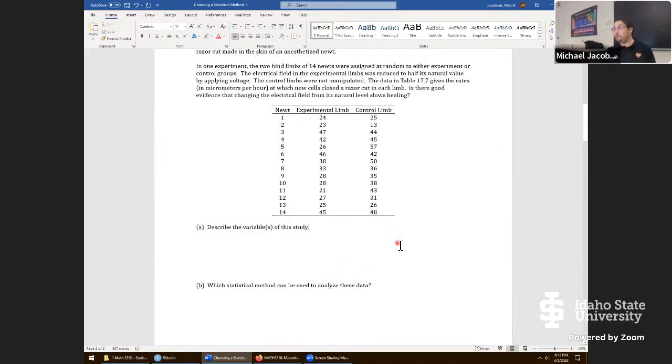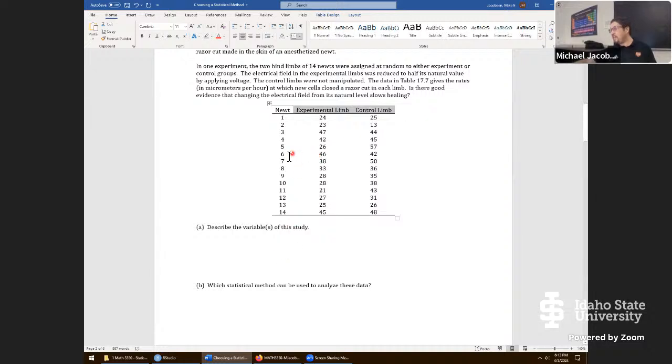First thing we want to do is describe the variables, but this one's tricky. Any volunteers for the explanation of what makes these 2 variables here tricky to analyze? Exactly. We're looking at paired data.